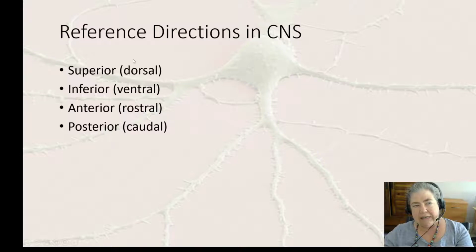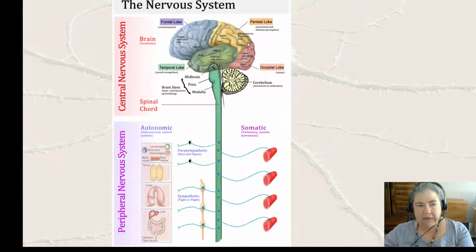We also have anterior and posterior. Anterior is also called rostral, which means towards the nose, and posterior is caudal, which means towards the tail. And here we have a brain. Well, we have a central nervous system and a peripheral nervous system. This is rostral.